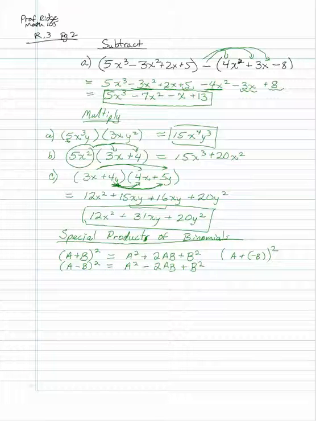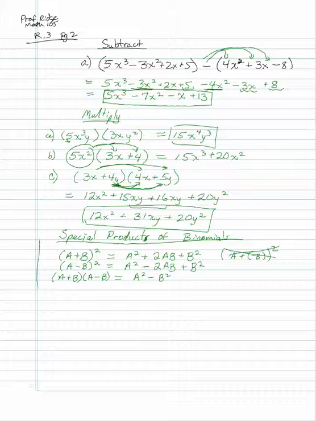And so if I go 2 times a times negative b, I'm going to get negative 2ab. And then the last one is if you take the product of a sum and a difference, we're going to get the difference of two squares. So a squared minus b squared. These are big ideas that we want to memorize.